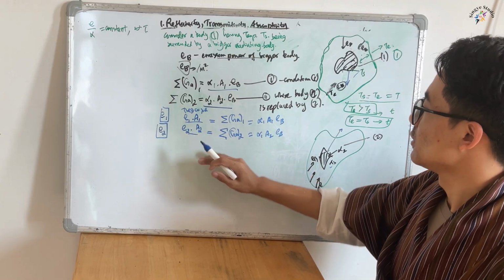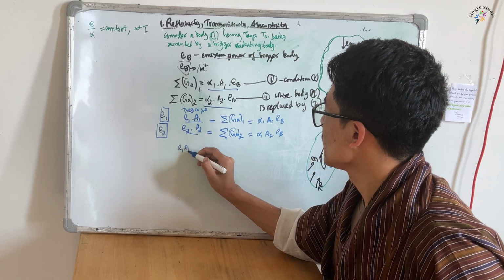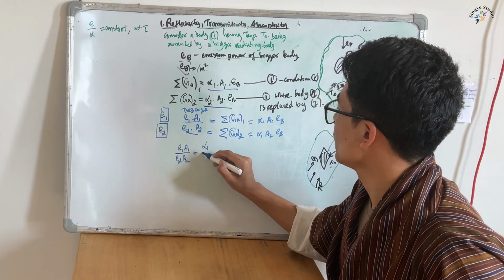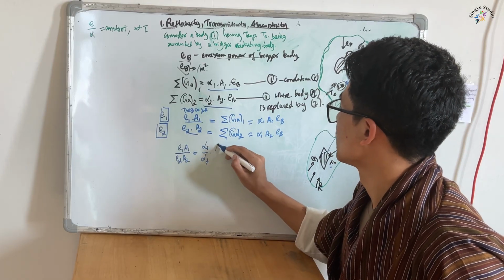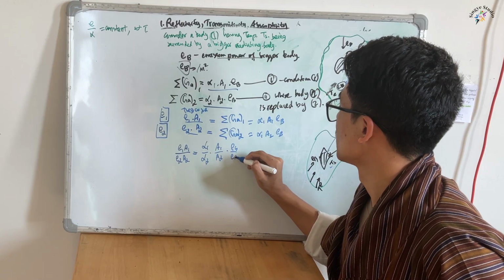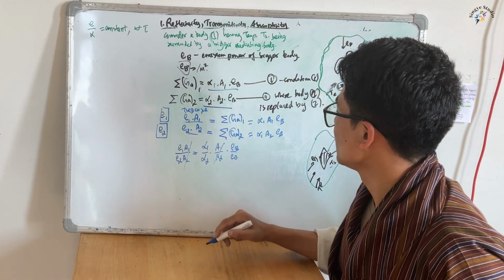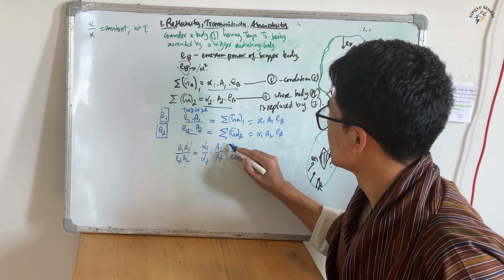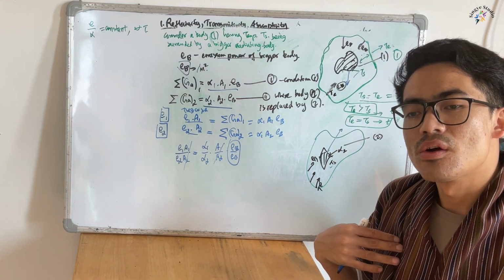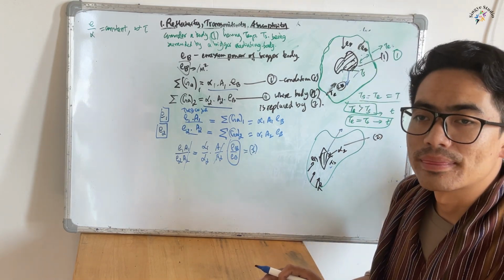So what can we do here? From here, we can divide these equations and say E1 by E2 equals alpha 1 alpha 2 times area 1 area 2 times EB times EB. So I can cancel these, and I can also do so here. So what happens? What am I getting here? This is actually the value of 1.